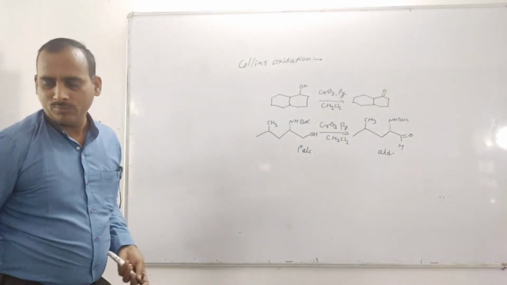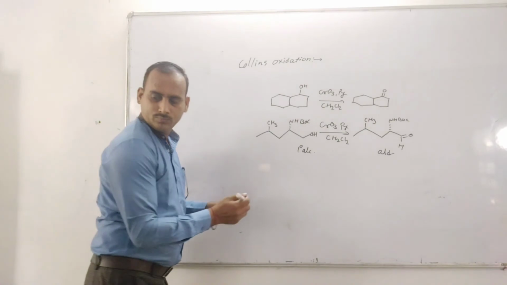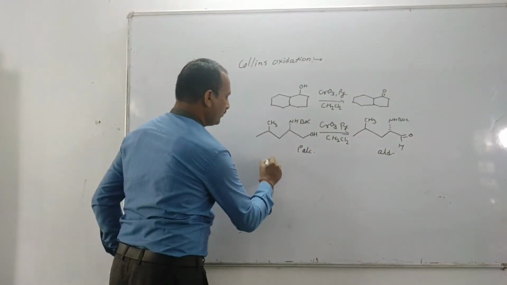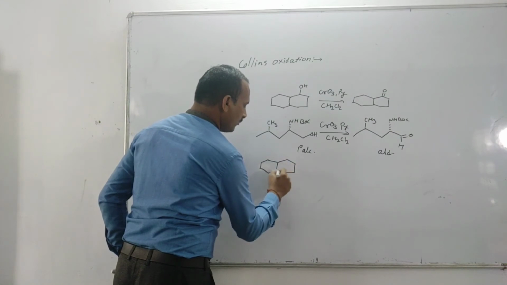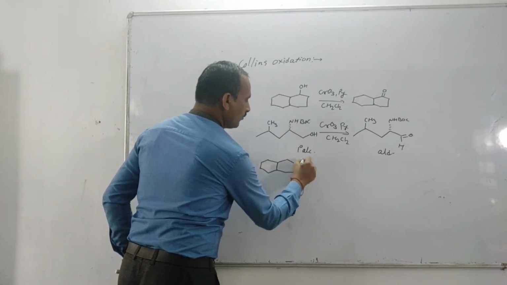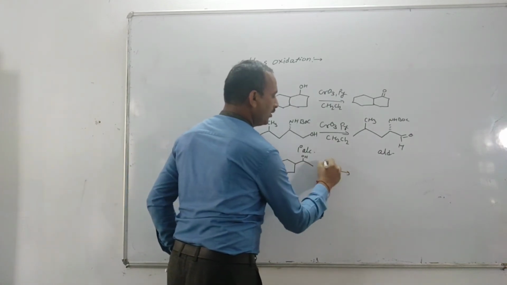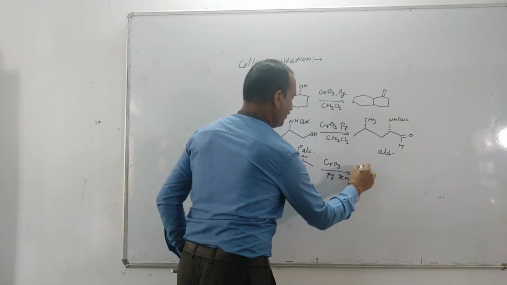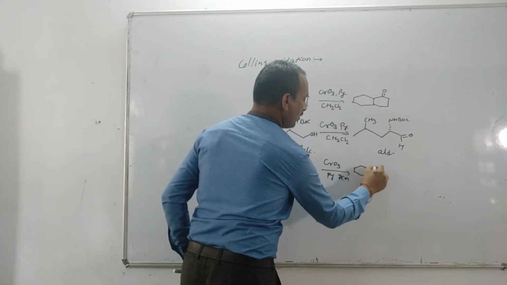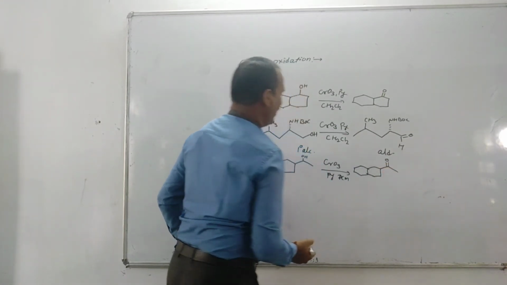Okay, let's see more examples of this oxidation. Again, this is a secondary alcohol, chromium trioxide pyridine in DCM. It gives C11OCH3.